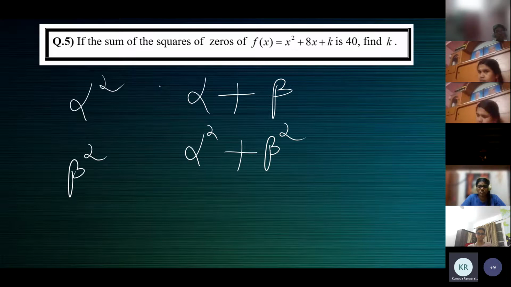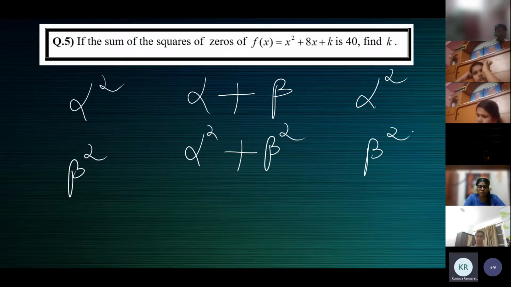I'm not cursing, but I can predict that that only will happen. This is the square of one zero. This is the square of the other zero. This is the sum of the squares of the zeros.